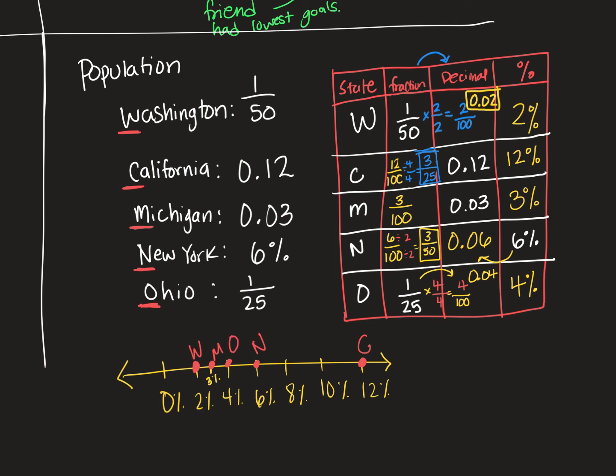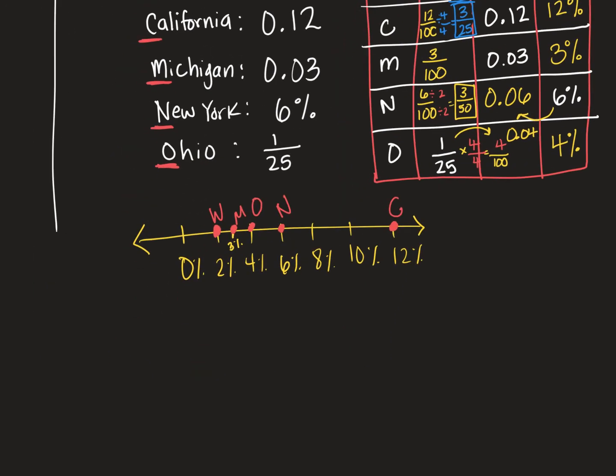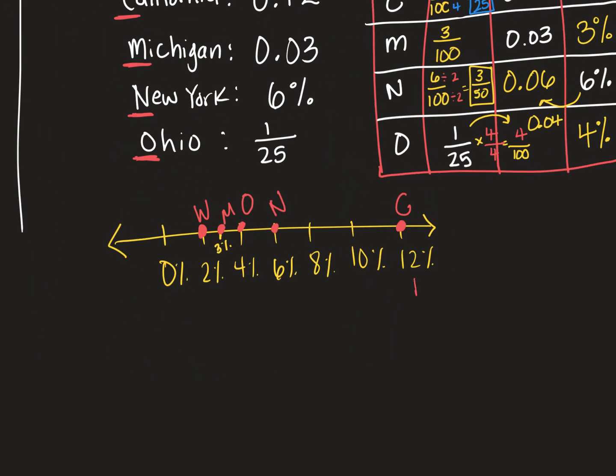Just by looking at your graph, which state has the highest population based on their percentages? California. Yep. Thank you. So California has the highest population. And which state has the least population compared to the other 4 states? W, which is Washington.